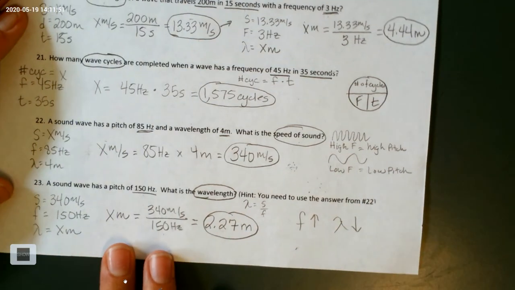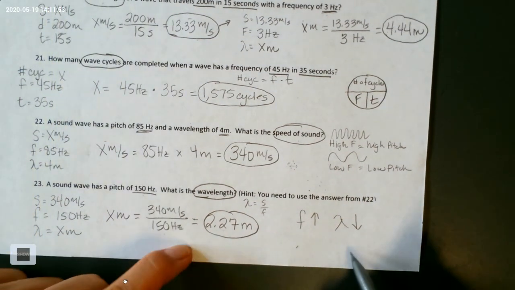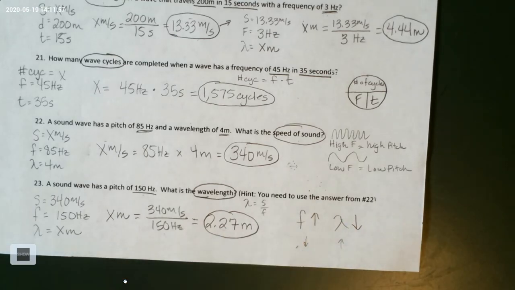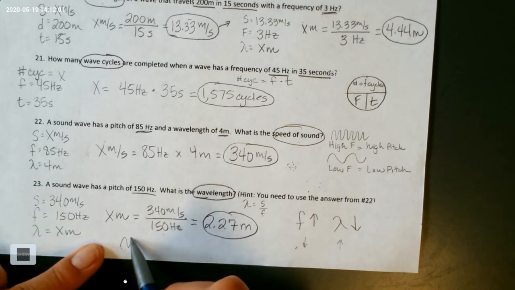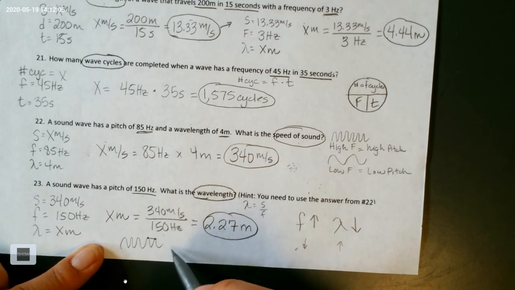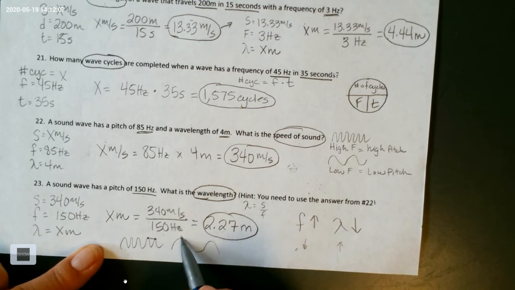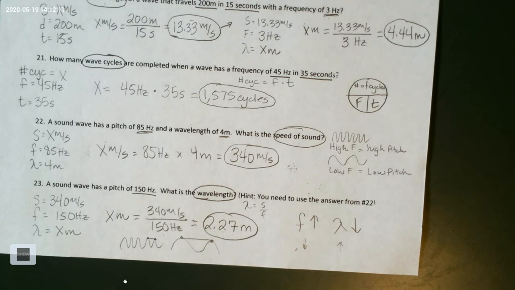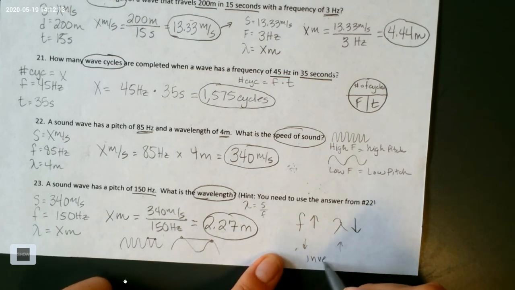That's what inversely proportional means. Or if wavelength went up, then frequency would in turn go down. So that's how they work out. And you can kind of see that in any diagram. You have a high frequency, here's your wavelength, it's short. You have a low frequency, here's your wavelength. Ooh, it's long.